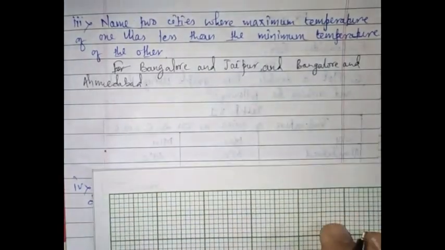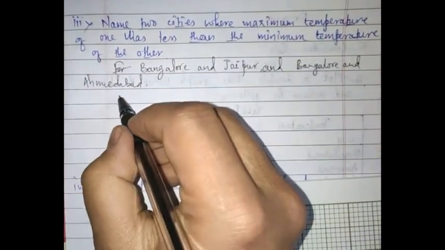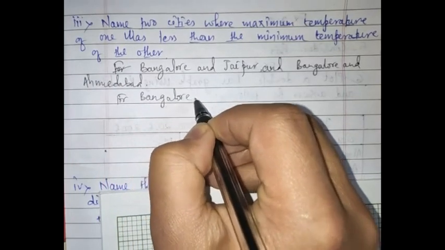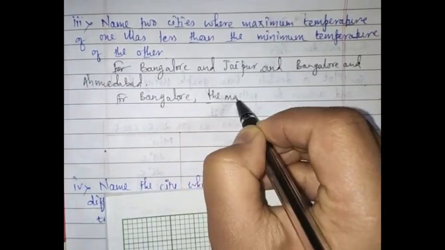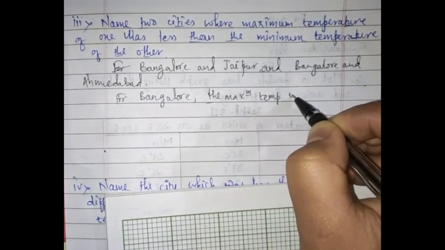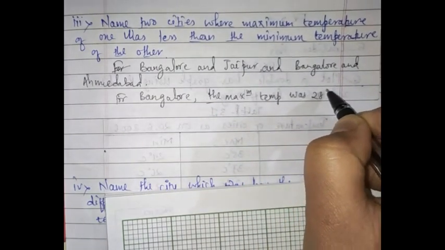Alright, for this we have to write one sentence. For Bangalore, the maximum temperature was 28 degrees Celsius, right?